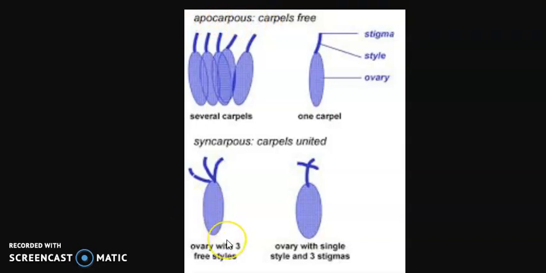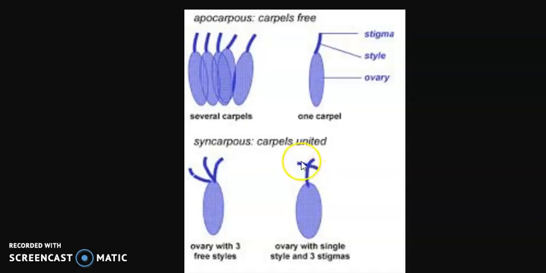However, in certain species of plants, it is seen that the multiple carpels or pistils are fused. In that case, you may find that either the fusion is at the level of the ovary, or the ovary as well as the style, and then the stigma represents the total number of ovaries fused.